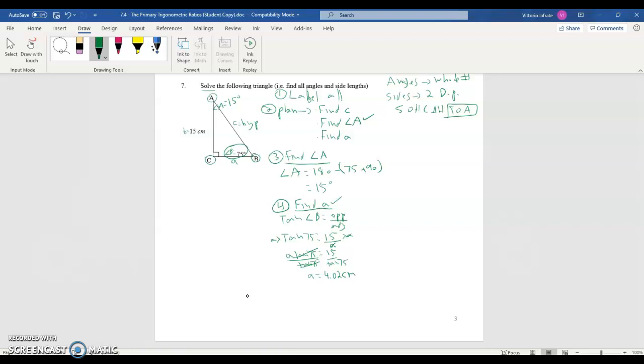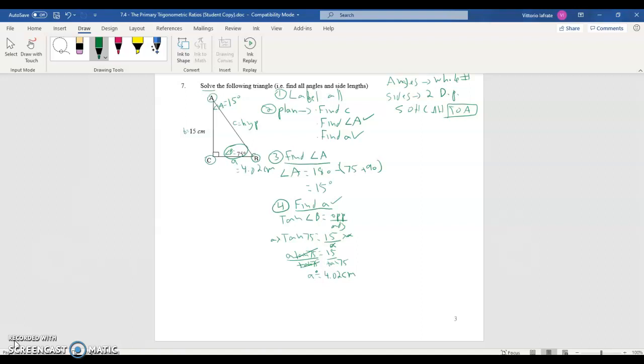So I can write that here, A is approximately equal to 4.02 centimeters. So now we found our angle A, and we found our side A, and we approximated, so make sure again you put a little dot on top to show that it was an approximation.